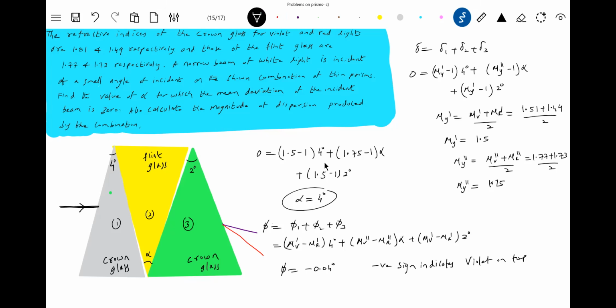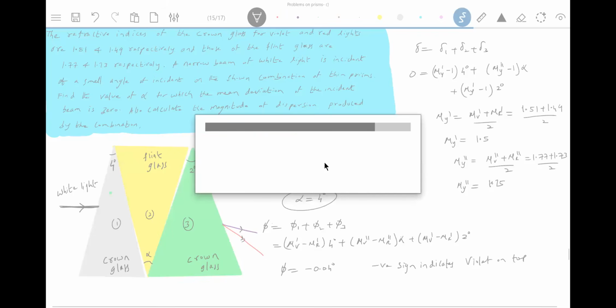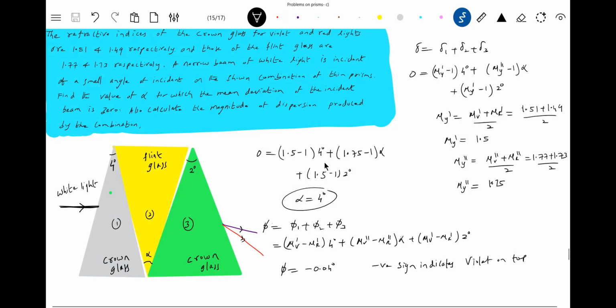This will be the final spectrum. This is the incident violet. The problem is very simple. If you want to show all of it, it will split up here.